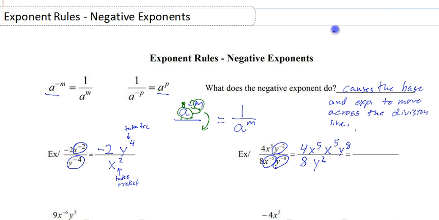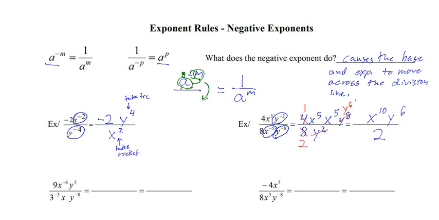And then now we can reduce. That 4 and 8 reduces to 1 and 2. The y squared and y8 reduces to y6. And that gives us an answer of x10, y6 over 2. And there it is. That's your answer.